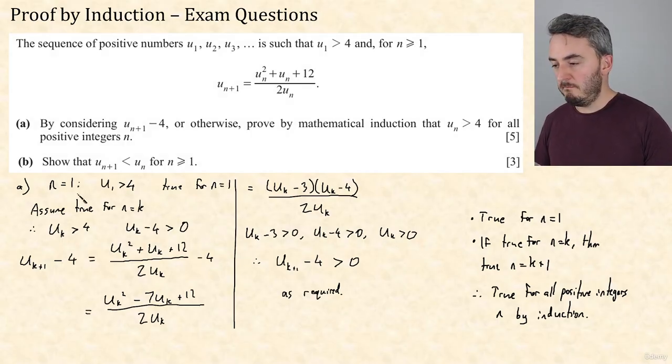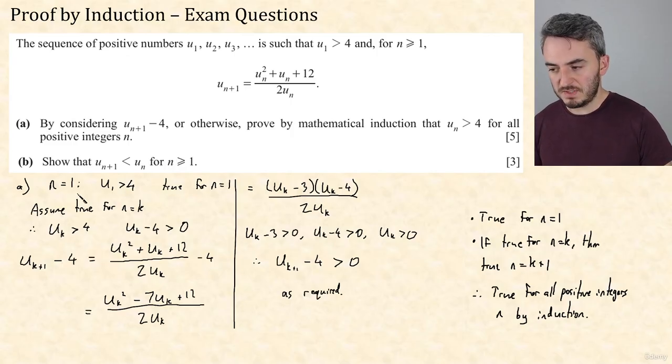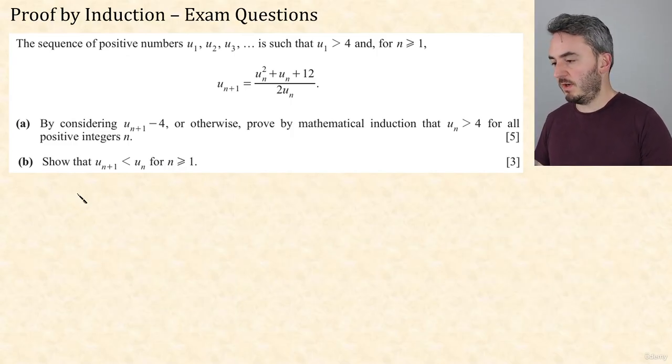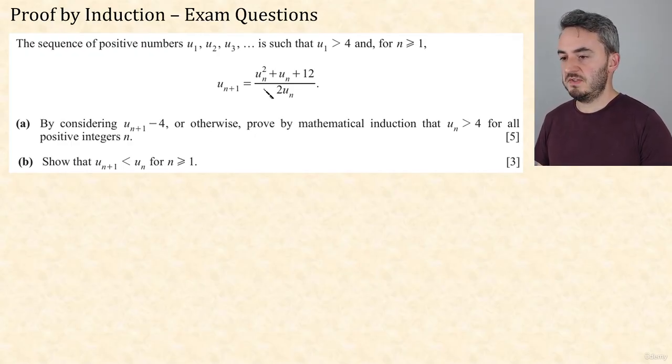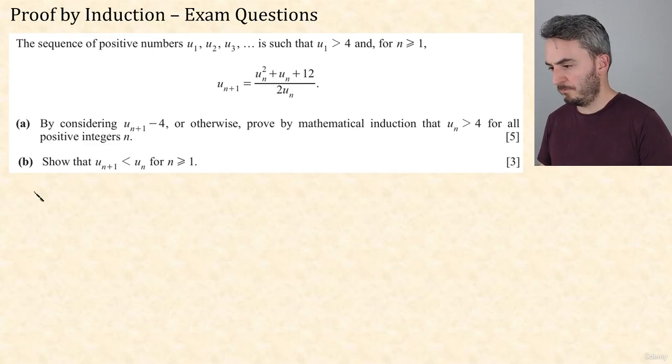Okay, now on to part B. Show that un plus 1 is less than un for all positive integers n. It's not clear if we're going to use induction here. Let's find out. So I suppose I'm just seeing, is this expression always less than un? Well, let's explore.